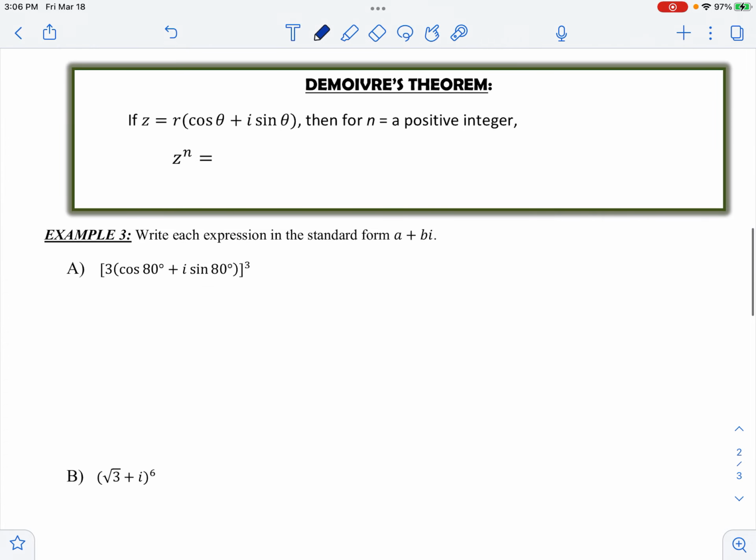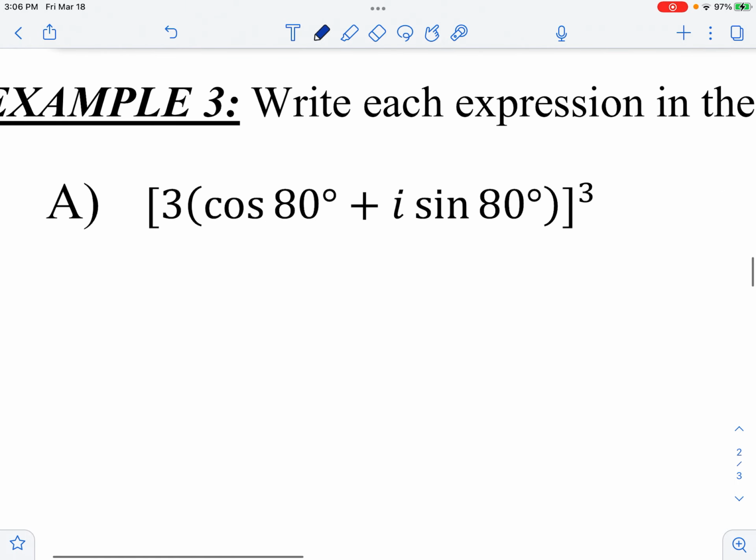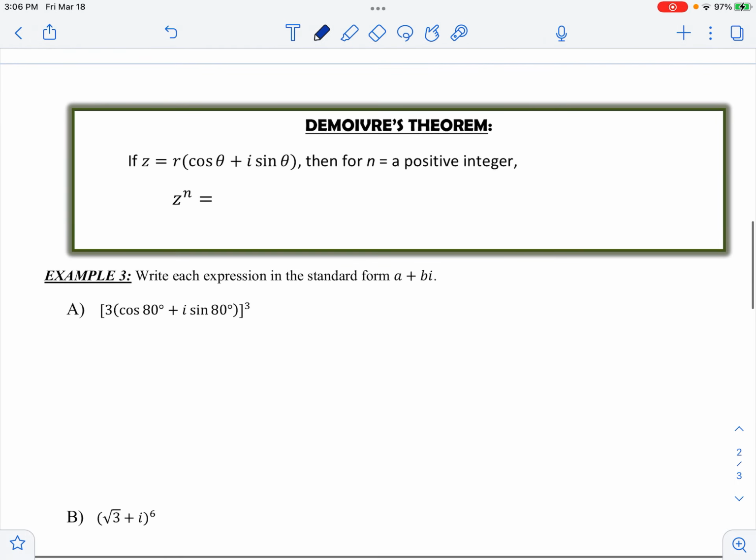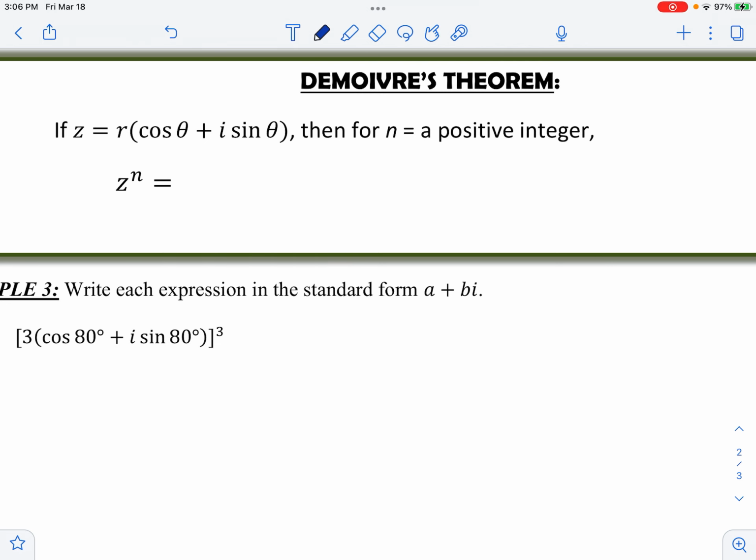Okay, all right, next we have DeMoivre's theorem. DeMoivre's theorem comes from taking a polar number and bringing it to a power. So if you have the polar number r cosine of theta plus i sine of theta, and you want to bring it to a power, like the polar number to the third power, what you can do is take the r value and bring it to that power.